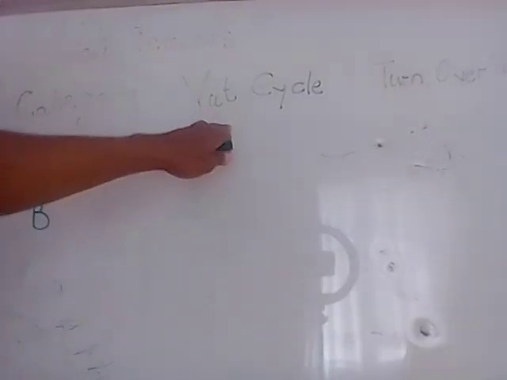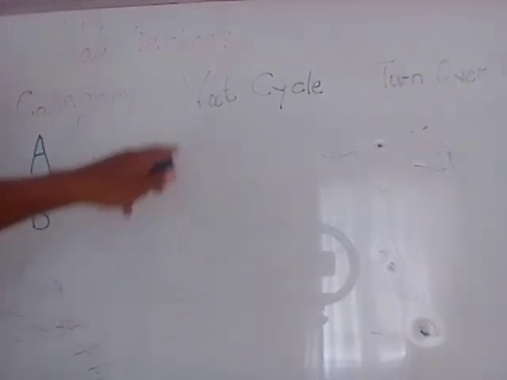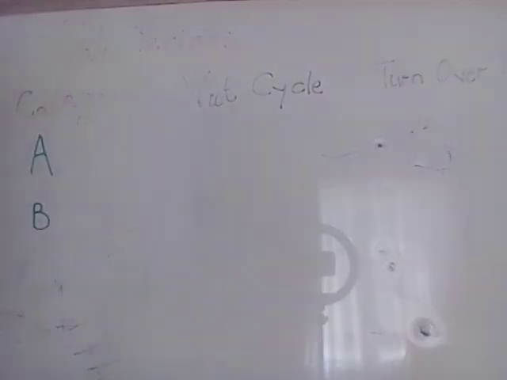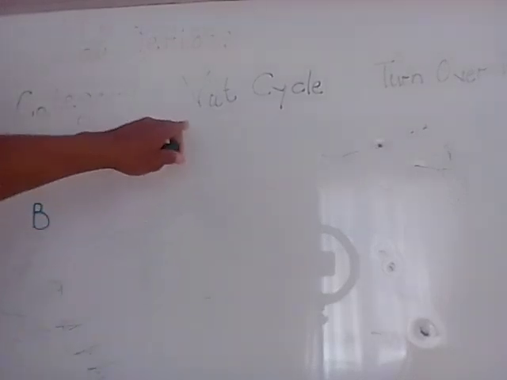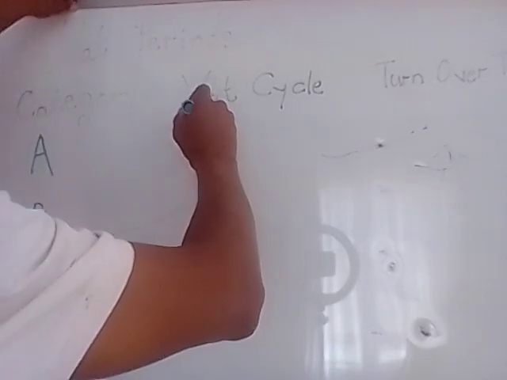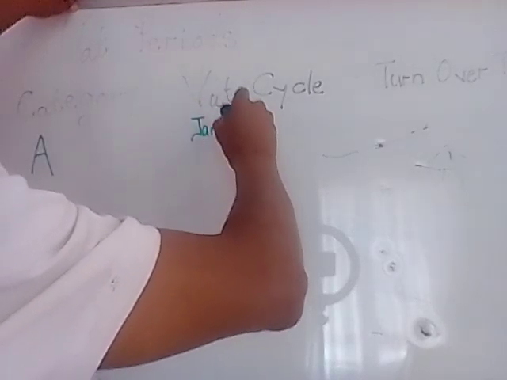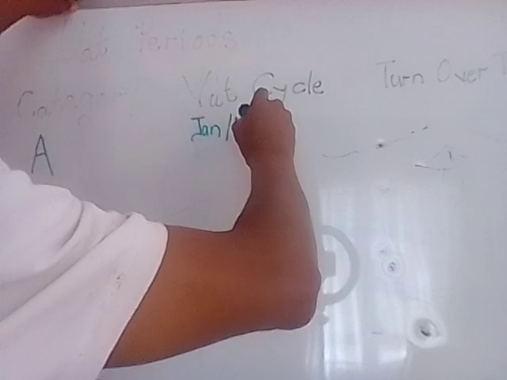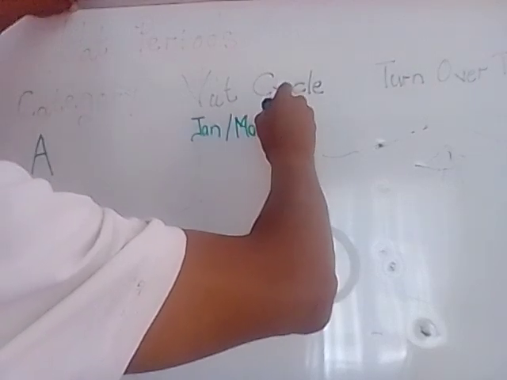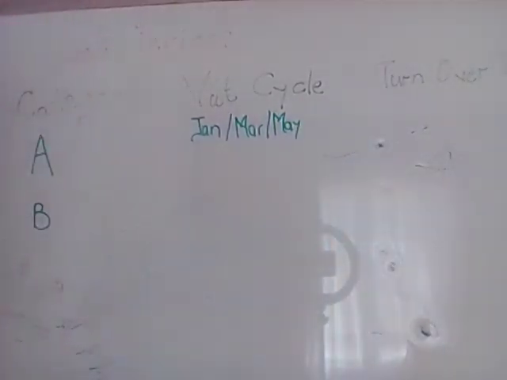The VAT cycle between category A and B is that all of these make their VAT returns every 2 months. The only difference is that with category A, they make their VAT returns from January, March, May, July, and so forth.